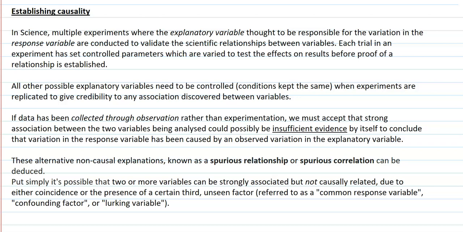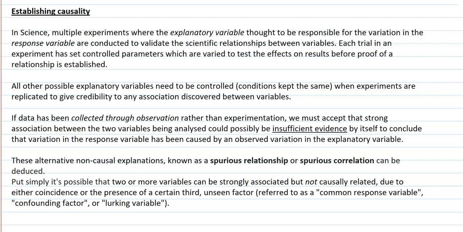Particularly if data is being collected through observation rather than experimentation, we must accept that a strong association between two variables being analysed could possibly be insufficient evidence by itself to conclude that the variation we're seeing in the response variable has been caused by an observed variation in the explanatory variable. So we're questioning the causal relationship between the two.